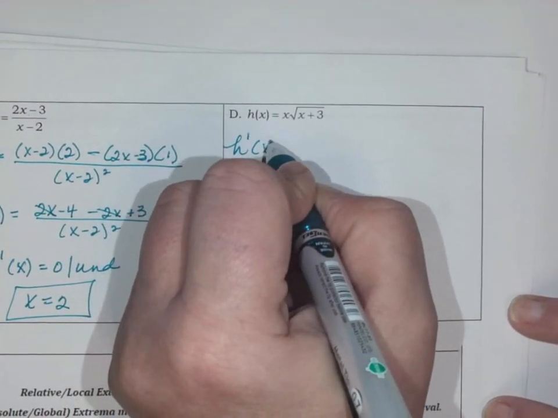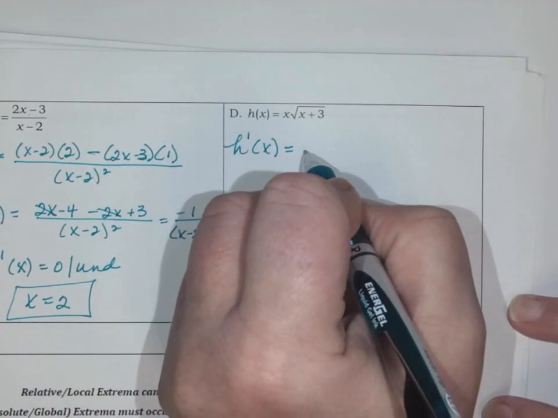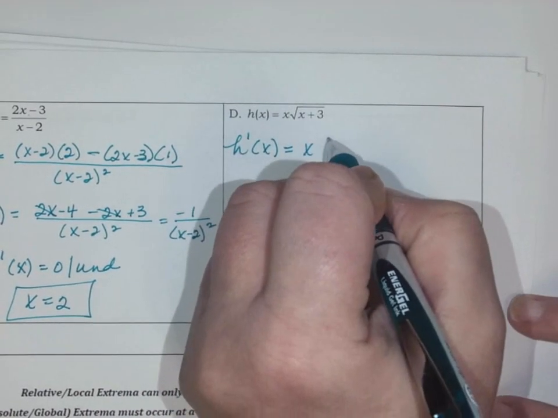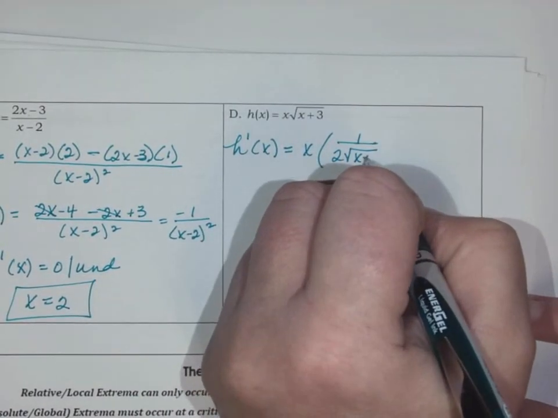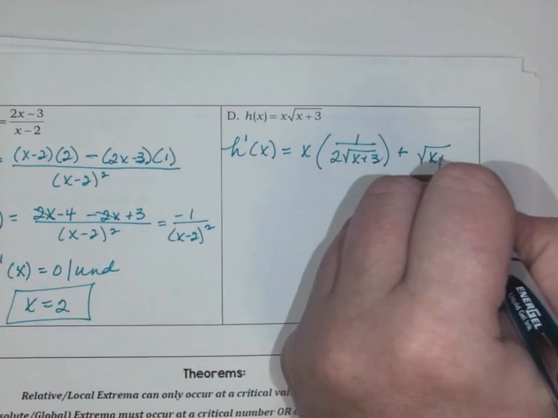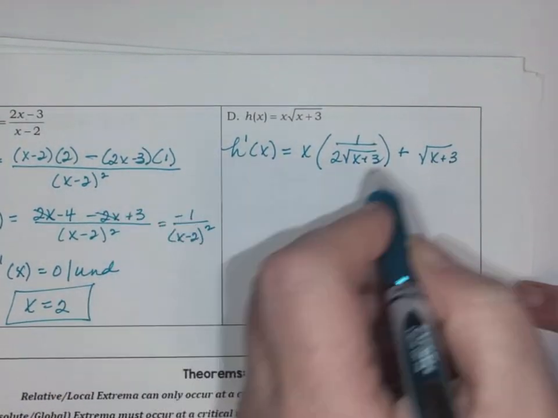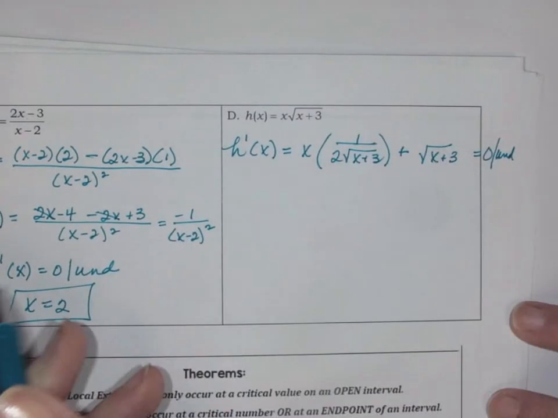So h prime of x is going to be equal to x times 1 over 2 square root of x plus 3 plus square root of x plus 3. And we want to know where that's equal to 0 or undefined.